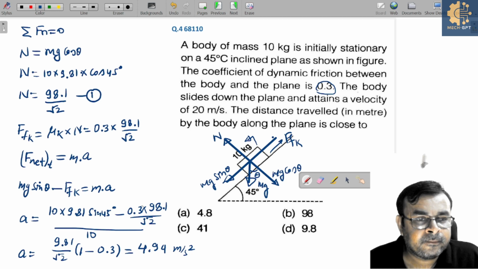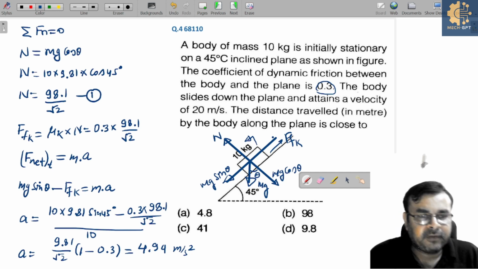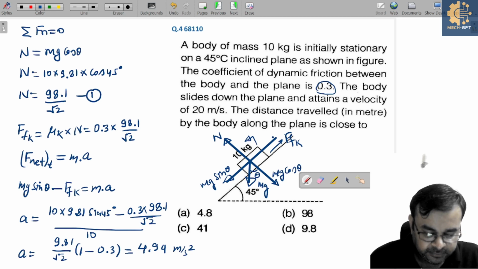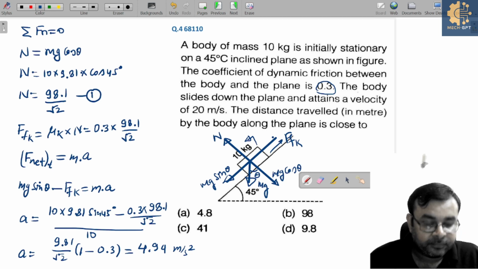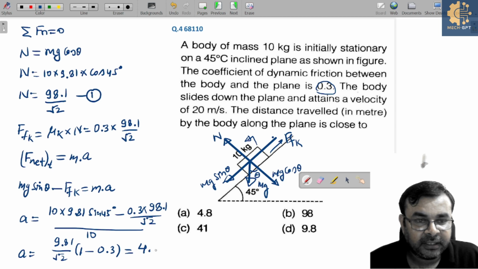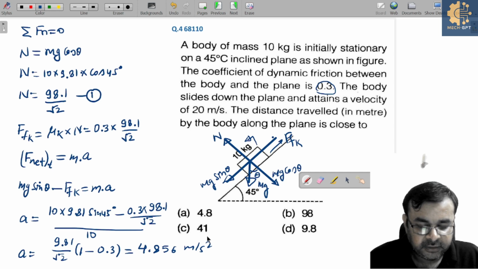And let me see, this is 0.3 into 10 into 9.81 by root 2. Let me see, if I calculate, then how much we get? 4.85, correct? Meter per second square.